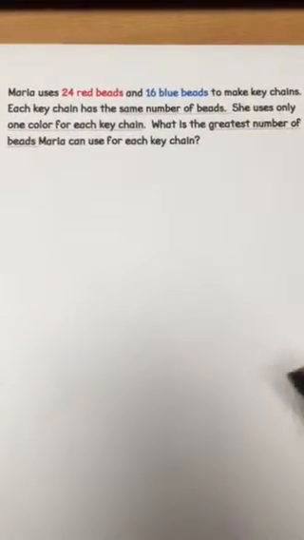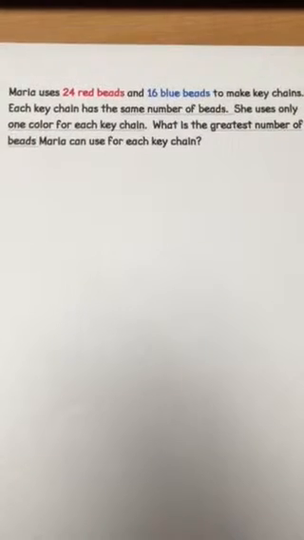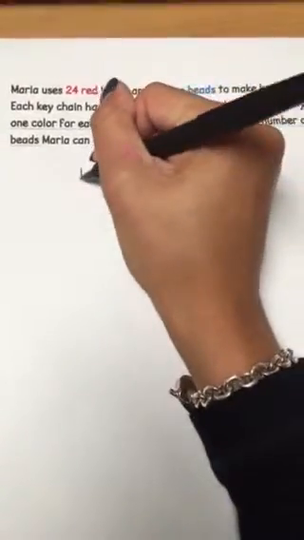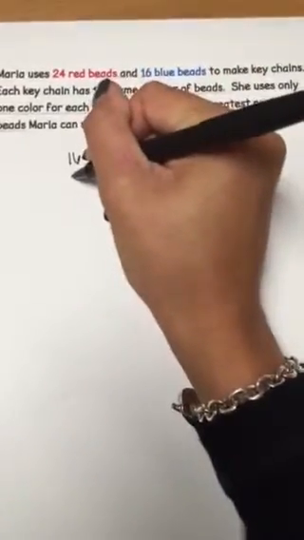So to start, we want the same number of beads on each keychain. We're trying to find the greatest common factor. So let's go ahead and do that for 16 and 24. So we're thinking of the factors for these two numbers. Let's start with 16.